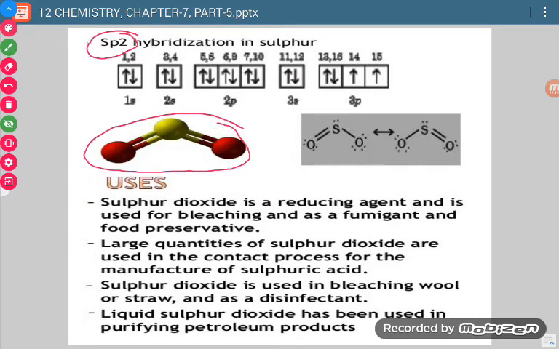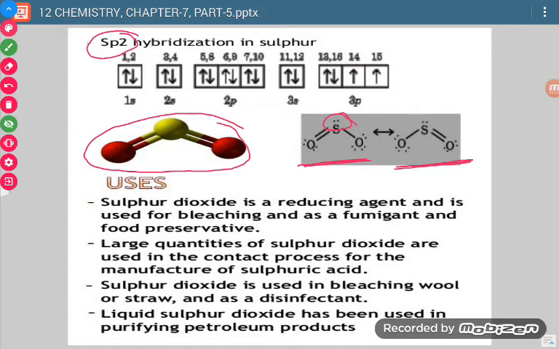The structure can be shown like this. With the two oxygen atoms, it shares bonds. When there is sp2 hybridization, it retains one lone pair with itself.